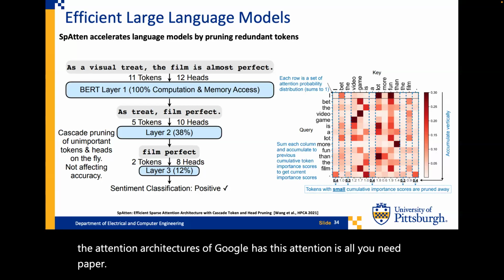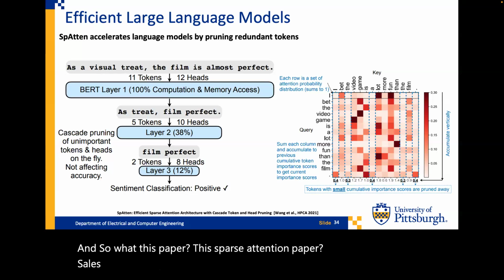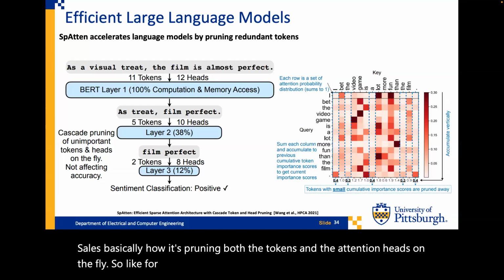What this sparse attention paper says is basically how it's pruning both the tokens and the attention heads on the fly. For example, take the sentence: 'As a visual treat, the film is almost perfect.'